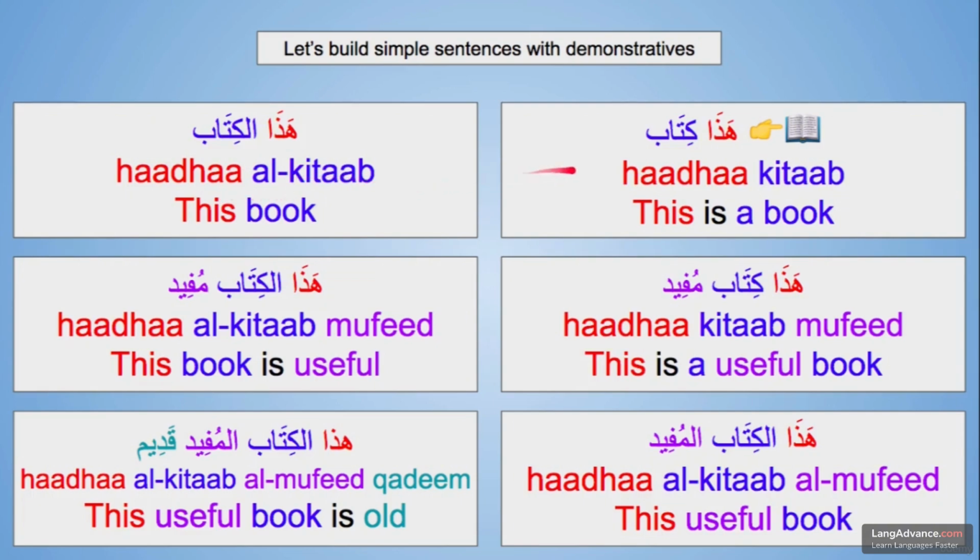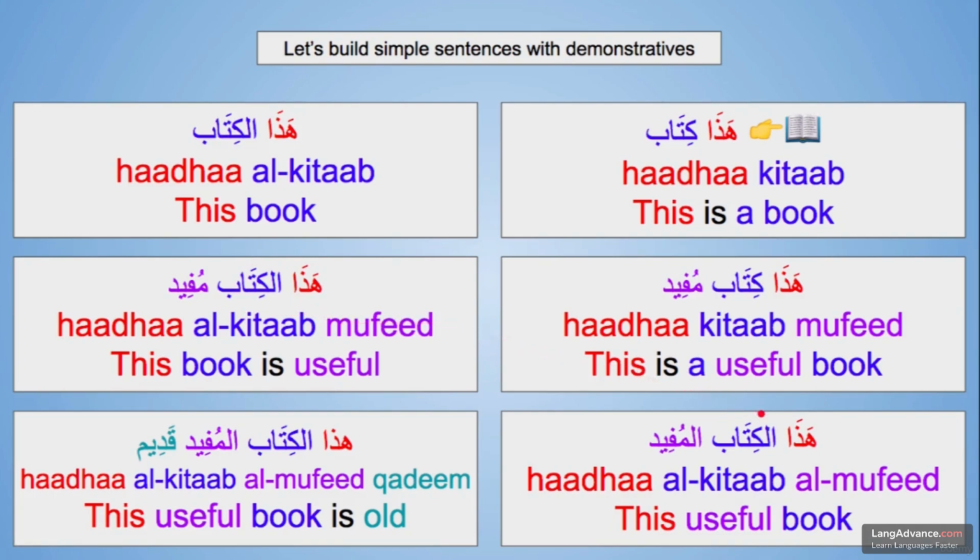So هذا كتاب means this is a book, and هذا الكتاب means this book. Or we can say something like هذا كتاب مفيد, this is a useful book. Or we can say هذا الكتاب مفيد, and in this case it would be this book is useful. So we're talking about this book and we're saying it is useful.